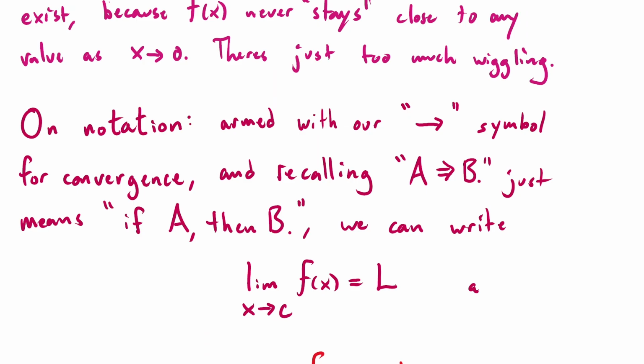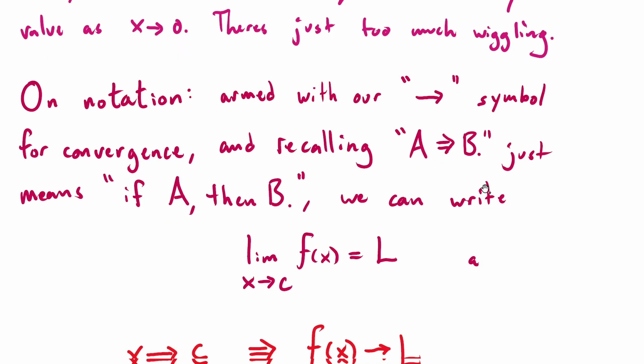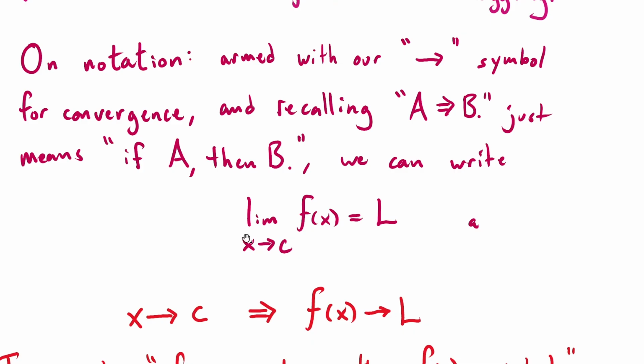There's just a couple more. One is that we could, notationally speaking, really just rely on our arrow symbol for convergence in order to write the limit. Let's recall that this double arrow here means if-then. It's a conditional arrow. So this would be if statement A is true, then statement B must also be true. And using that, we could actually write the limit of f of x as x approaches c is equal to L in the following way.